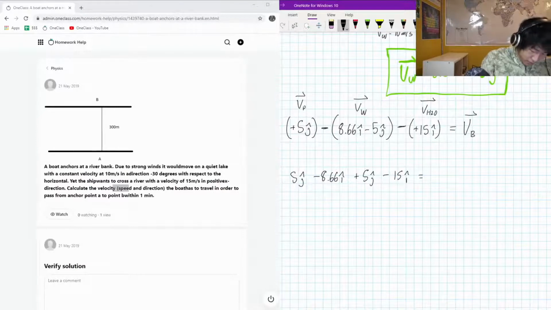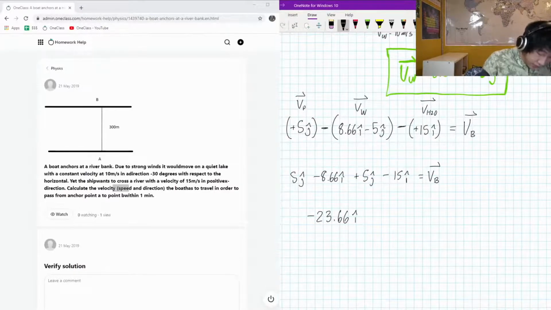Okay, so velocity of the boat. And let's put all of our I terms together. So 8.66 and 15 together make negative 23.66 I plus 10 J is equal to the velocity that the boat will need to have to follow that path.